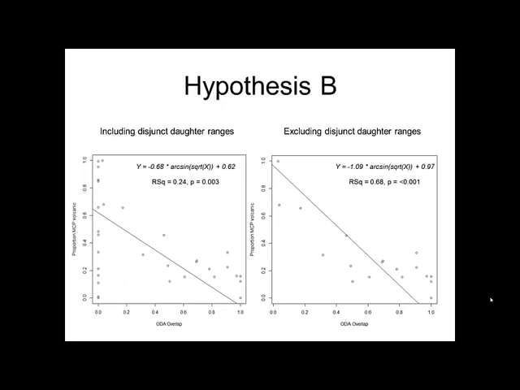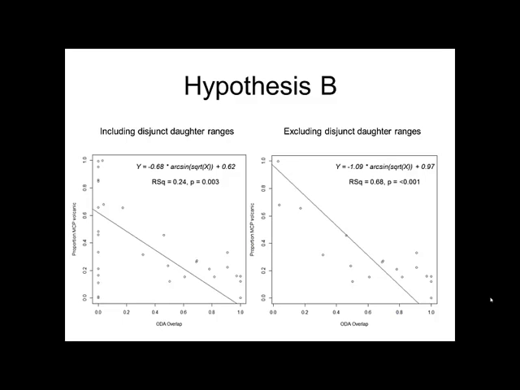So to try and prove this, I took the amount of overlap at each node between the ranges, and I took the proportion of the parent minimum convex polygon that is volcanic, and I plotted the two against each other. So basically, more volcanism equals more likely to be the result of splitting of the ranges and divergence. And I get a significant fit.